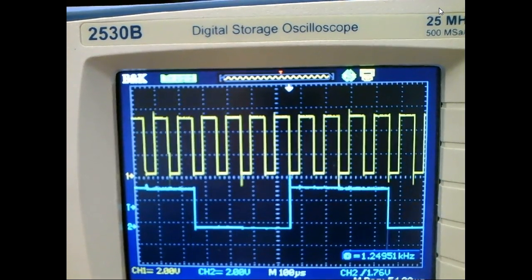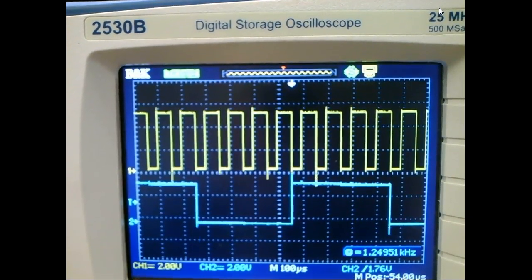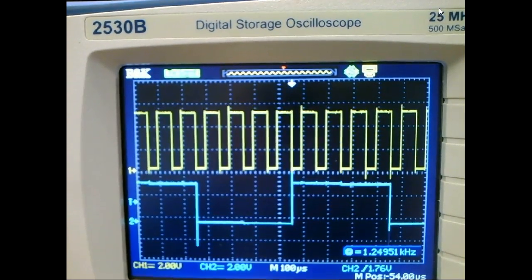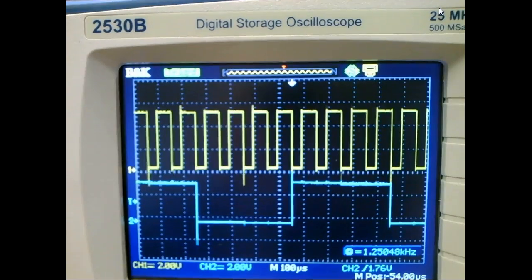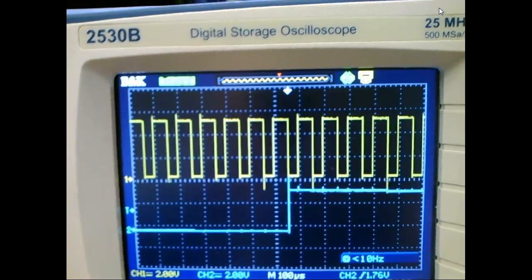So what's QD? What's that? No, what pin is it? Oh, sorry, it's 10 might be better. 8, 9, 10.